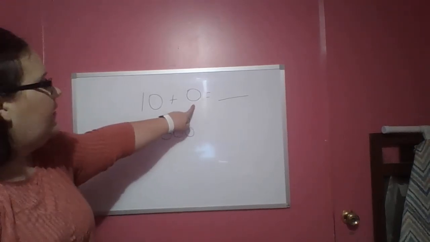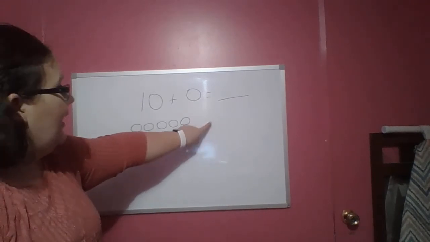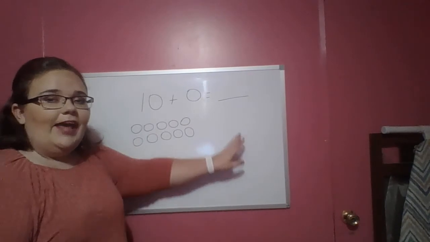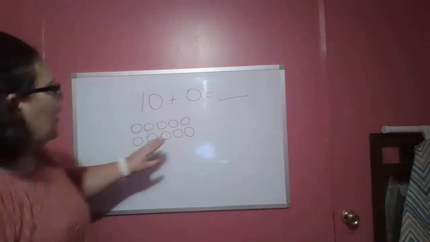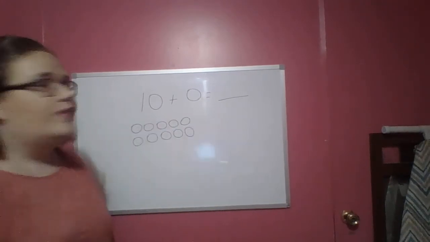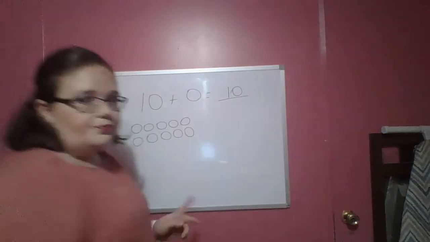So the second number is the number 0. So now I don't add any more circles. So if I didn't add any more circles, and I know that I drew 10 circles, I know that my answer is going to be the number 10.